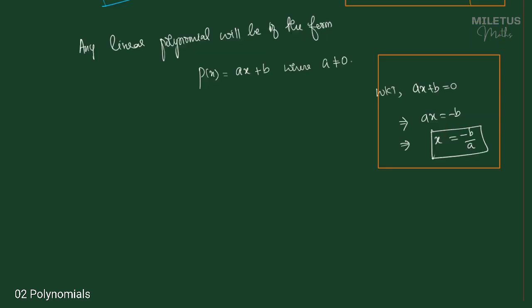Now what I wanted was to find the 0 of this linear polynomial in general. Now I know that in general this is the linear polynomial, and equating with 0 gives you x equal to minus b by a. And that means for a linear polynomial, x equal to minus b by a is the 0 of the polynomial.